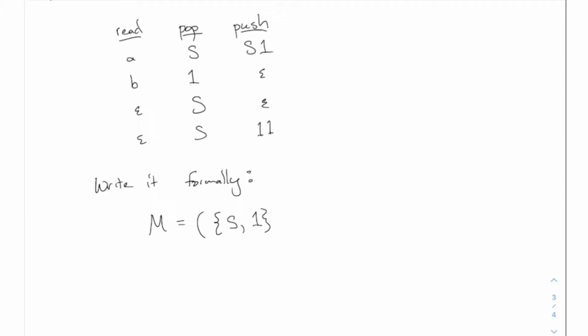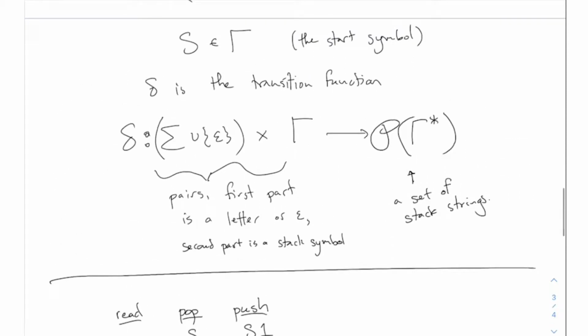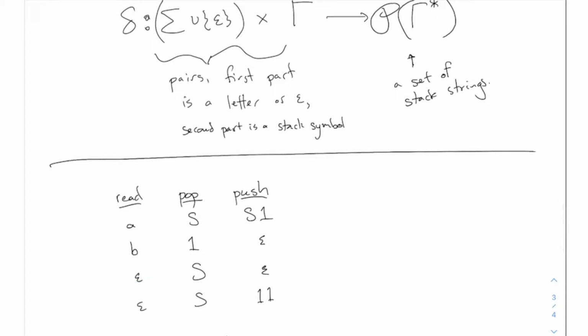Why do we have to take the union with epsilon in the delta? Yes, that's right. So right here, sigma union epsilon, this is because the read is allowed to be epsilon. So if you put only sigma here, then the first part, the read part, could only be A or B, but not epsilon.